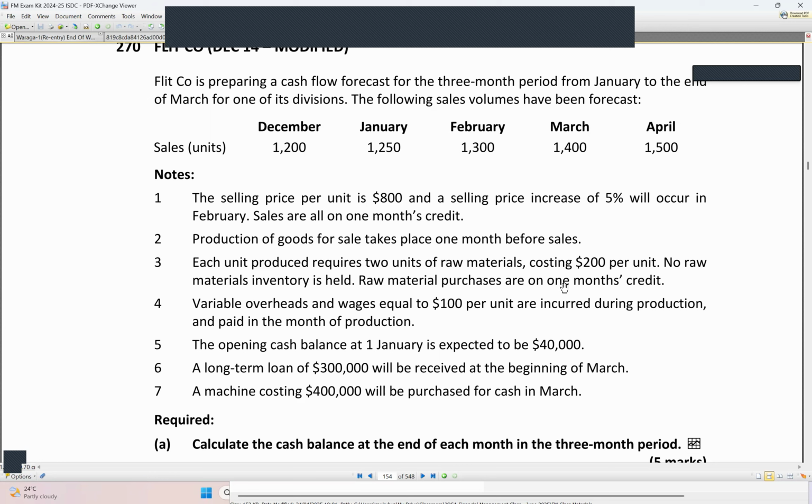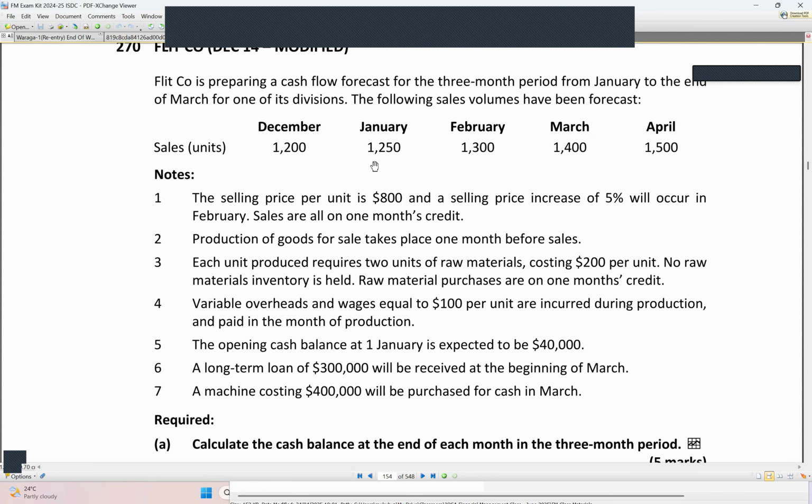So when you buy them in December, you pay them in January now. So the production is 1 month before, but the payment is in that same month.